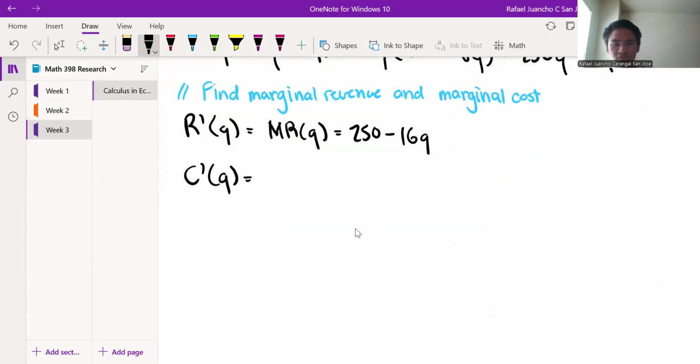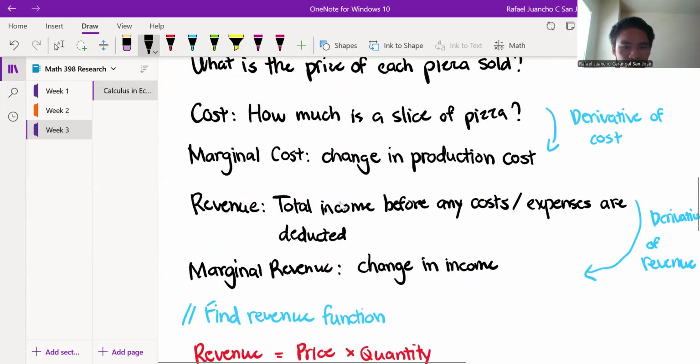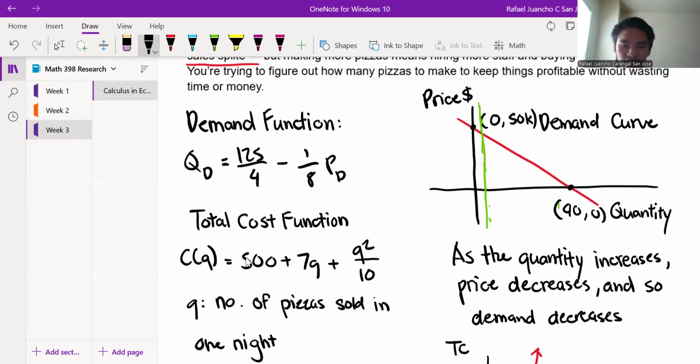We take its derivative, we get our marginal cost, or MC, in terms of Q. And this will just be 7 plus Q over 5.